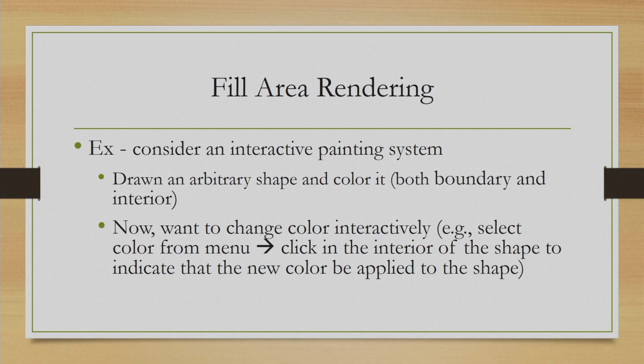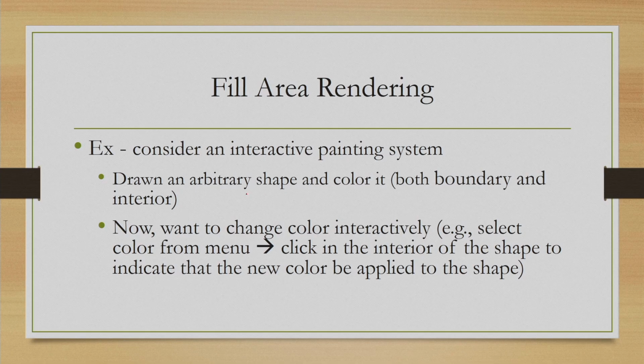Let us try to understand this concept with an example. Consider an interactive painting system. In that system, we may try to draw any arbitrary shape and then we may wish to assign some colors to that shape, that means assign colors inside the boundary of that shape. Also we may want to change the color.